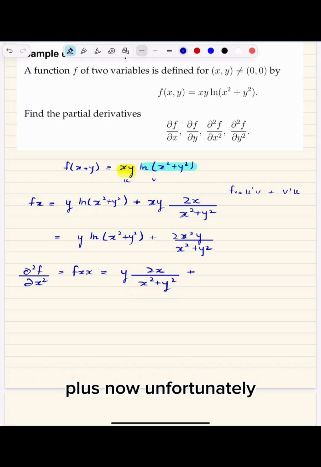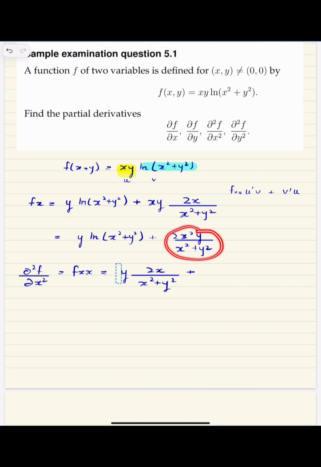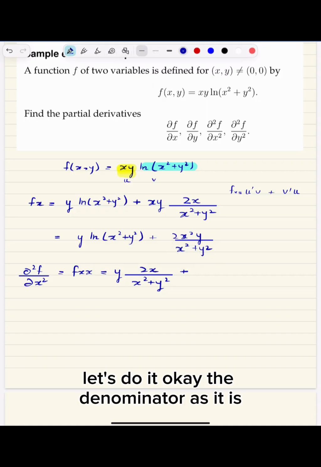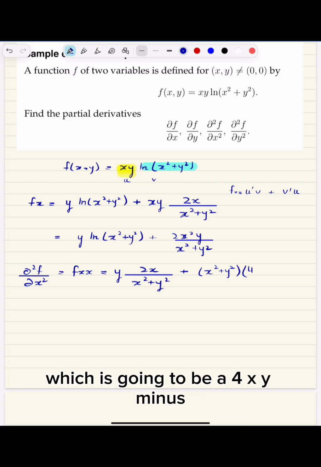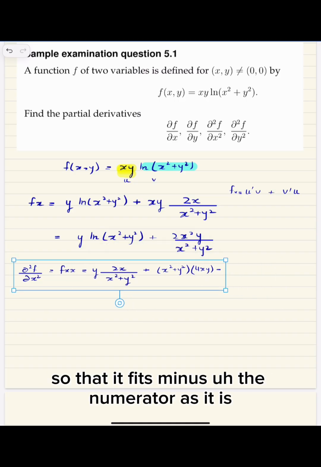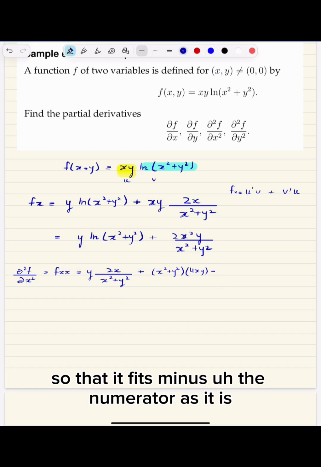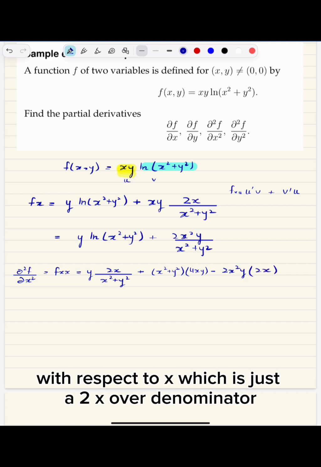Plus, unfortunately, we'll have to apply the quotient rule here. The denominator as it is times the derivative of the numerator, which is 4xy, minus the numerator as it is times the derivative of the denominator with respect to x, which is just 2x, over the denominator squared.